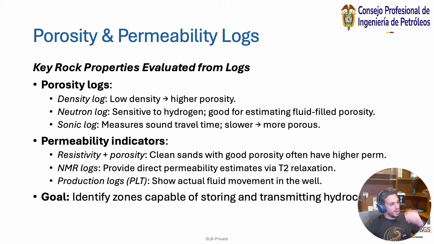NMR logs, nuclear magnetic resonance log tools, provide direct permeability estimates. And the production logs, the PLT, show actual fluid movement in the well. So these are basically just different logs that will tell me.